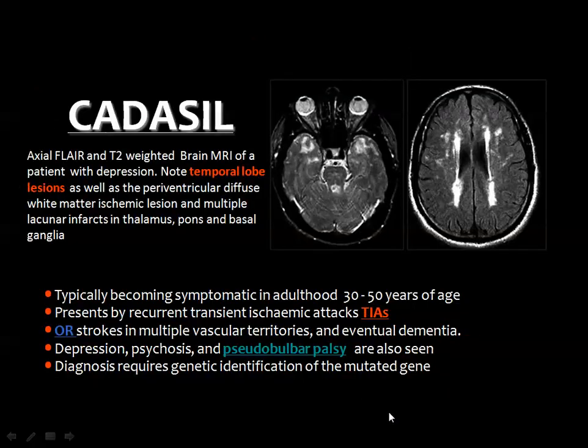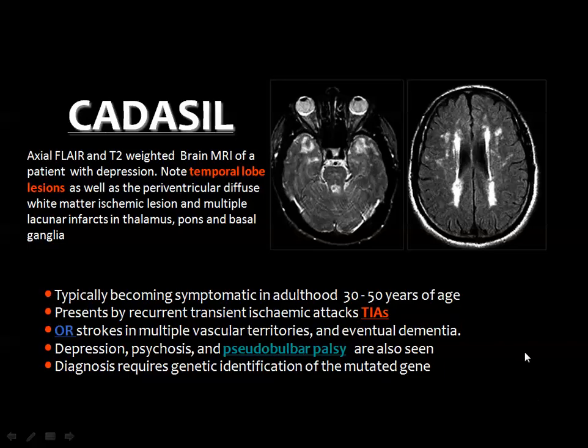And one of the important criteria of CADASIL, besides its relatively younger age incidence, is the presence of affection of the temporal lobes. If you remember, the subcortical arteriosclerotic changes are rarely seen in the temporal lobes, but they are seen in the white matter around the ventricles.